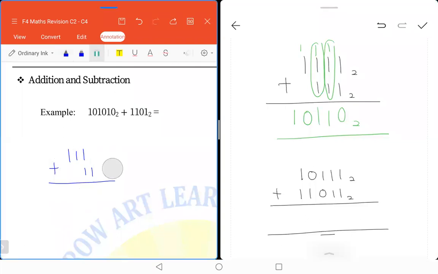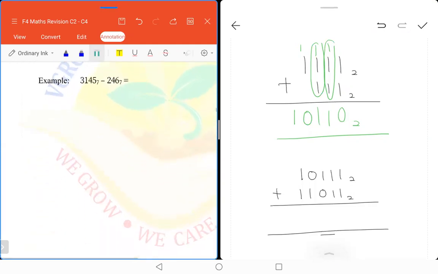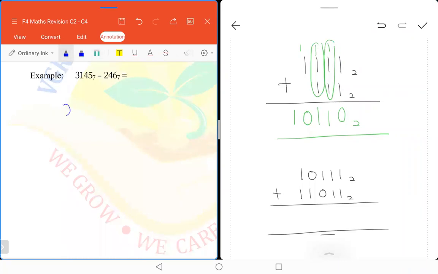Try it. This time get it correct. Any other answer?